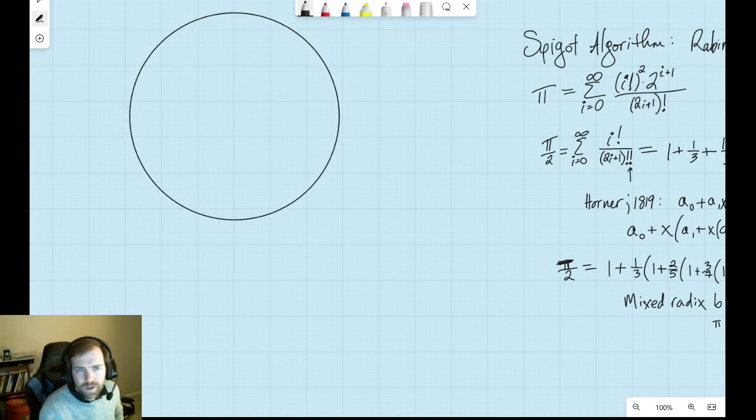Alright, so given a particular circle, find the comparison between R, the radius, and C, the circumference.